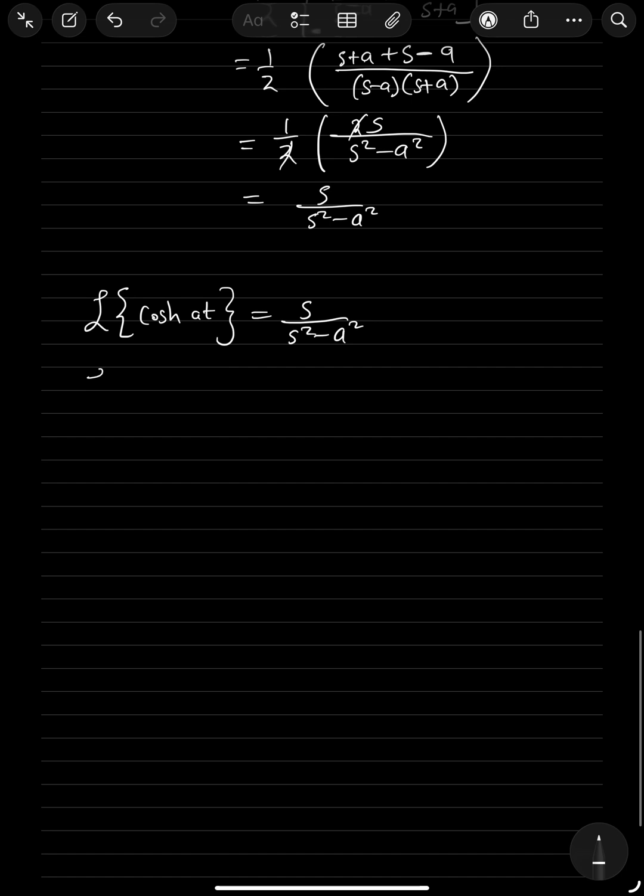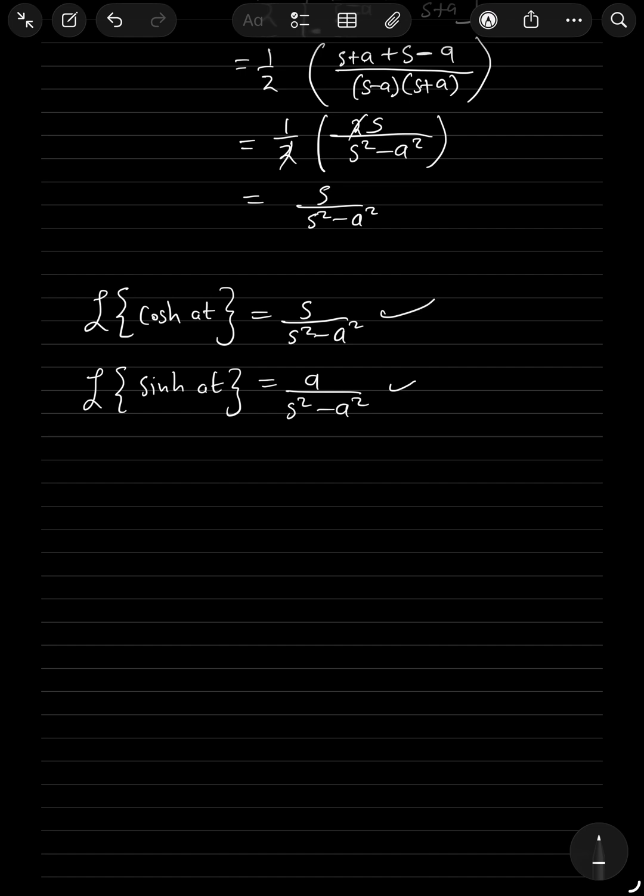Which means, again, we are going to use the same principle that we used for the trigonometric functions. If it's sinh, so now we are going to have a over s squared minus a squared. But we can also prove this the same way as we proved for cos. So if you know for cos, you can easily derive for sine.